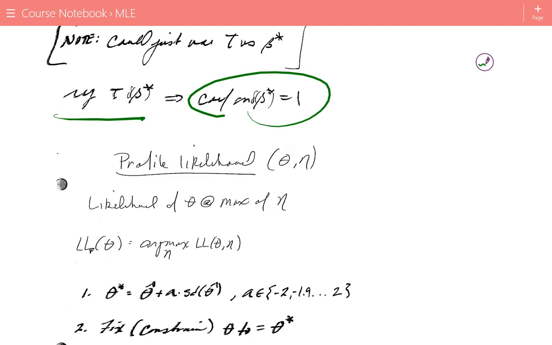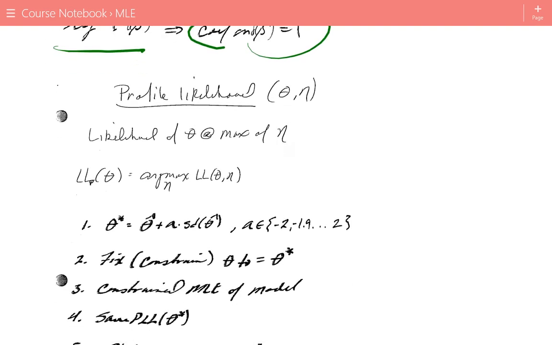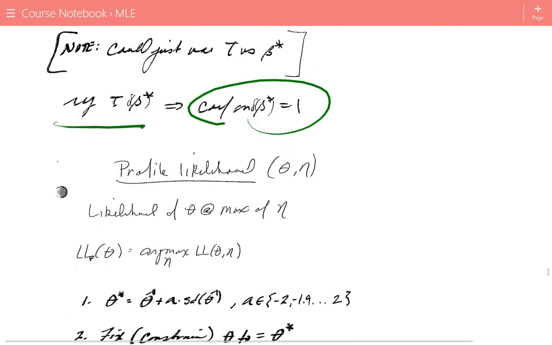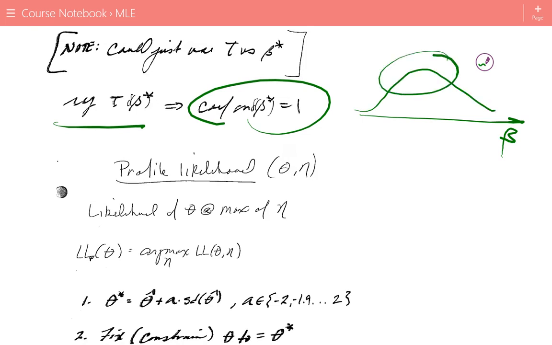Another possibility is to look at the profile likelihood. Essentially what we did above is we took the likelihood and took a cross section along the dimension of our estimator and asked, what does this look like?